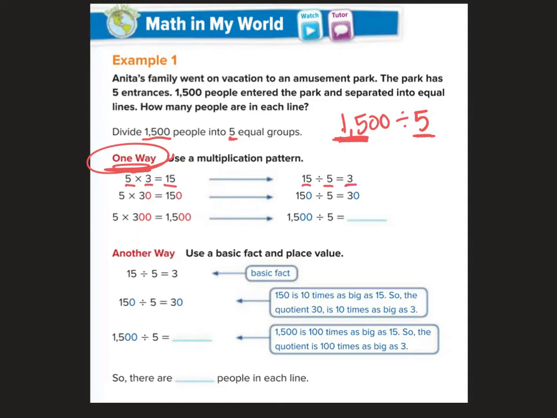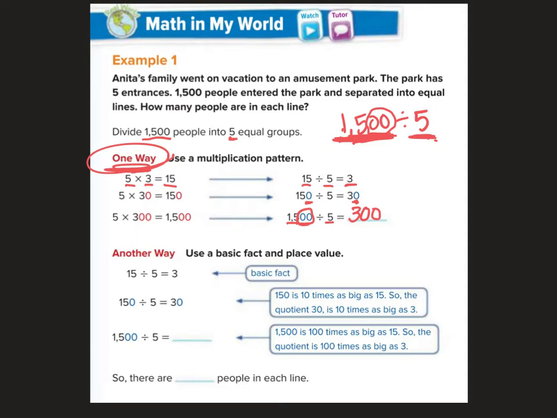If I went to the next place value, 150 divided by 5, notice, is 30. That's not what it is yet, though. I need 1,500. 2 zeros. Look at this. 2 zeros. So that means it would be 15 divided by 5, which is 3. 2 zeros, I would also need 2 zeros in my answer.